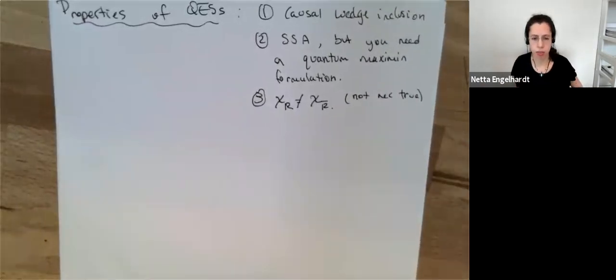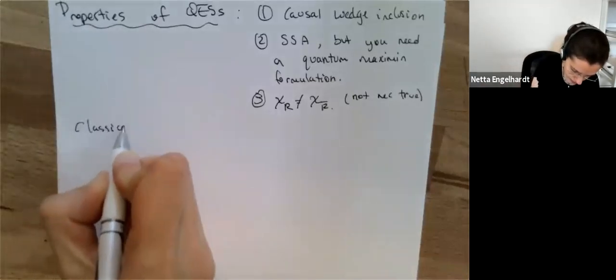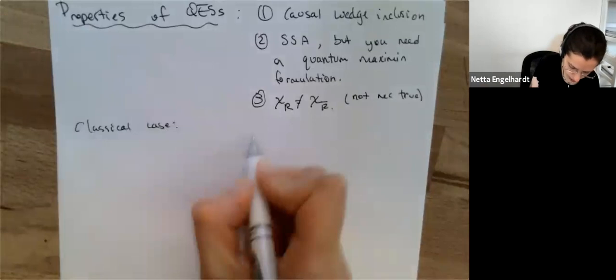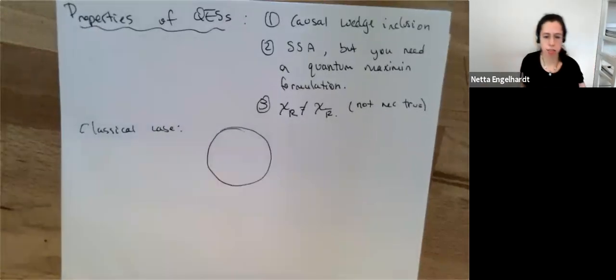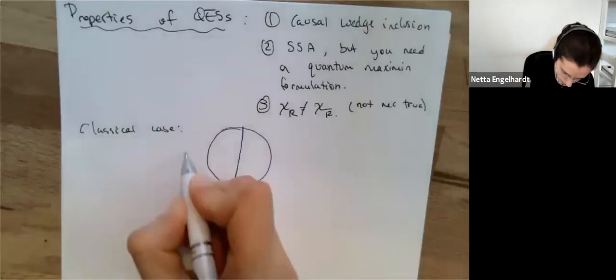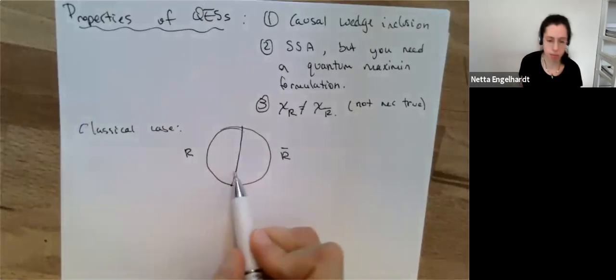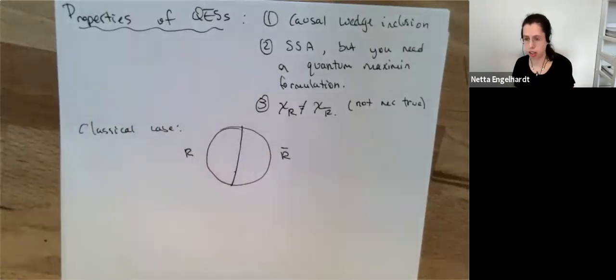So let's recall, in the classical case, we have some circle here, and we have some R and R bar. And we say, well, okay, if this thing is the minimal area extremal surface homologous to R, then it's also going to be homologous to R bar, and it's the minimal area surface.